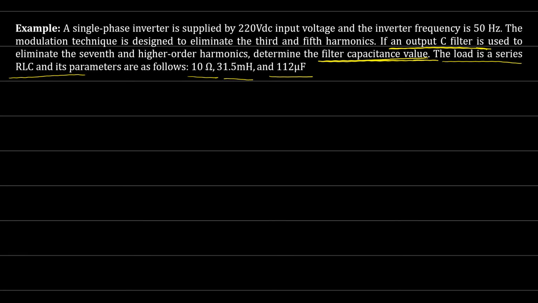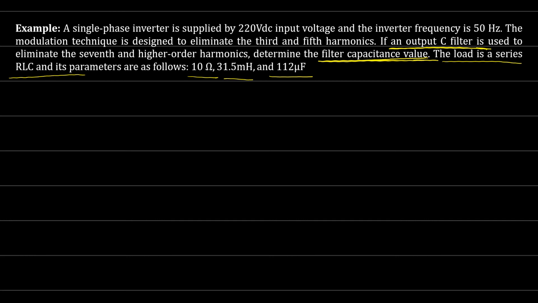This output waveform is going to a load. This load is an RLC load. We need to find the impedance of the load, the impedance of the output waveform, and then compare it with the filter and make sure that our filter is able to eliminate all harmonics.